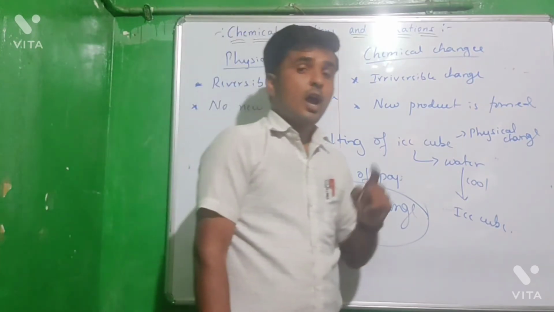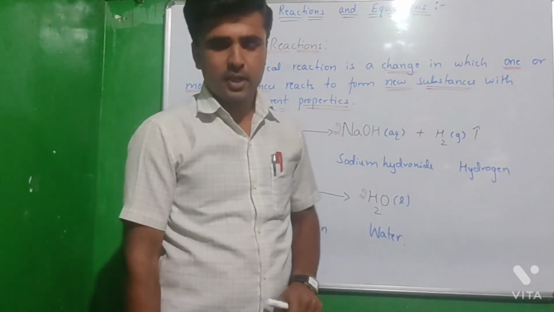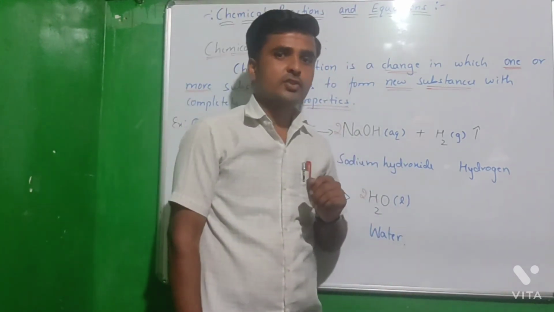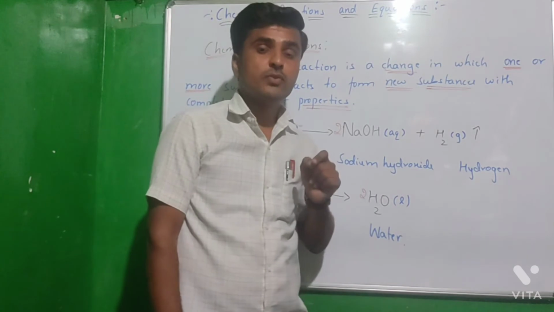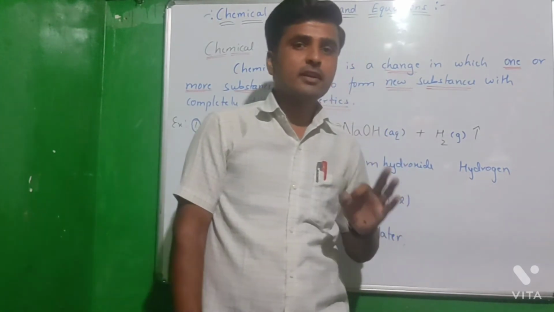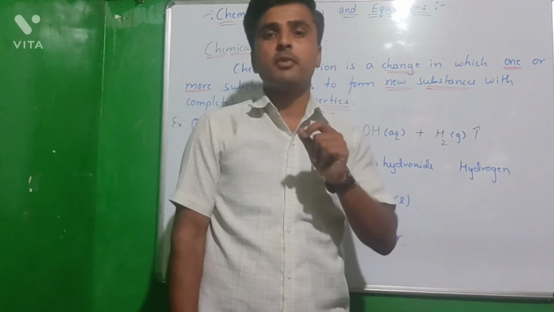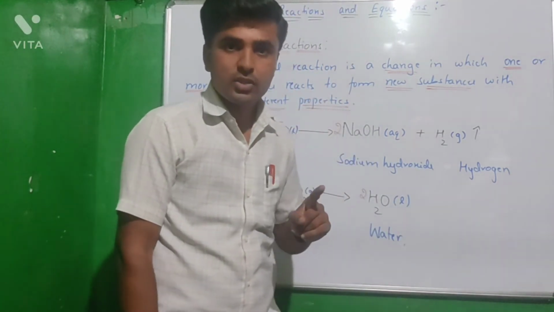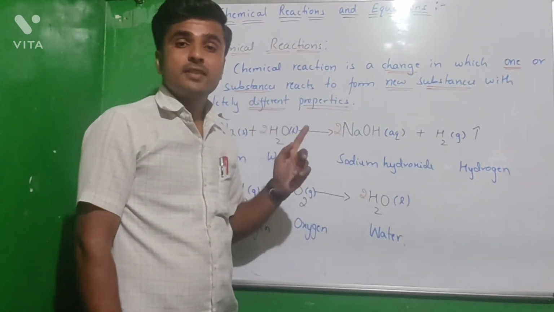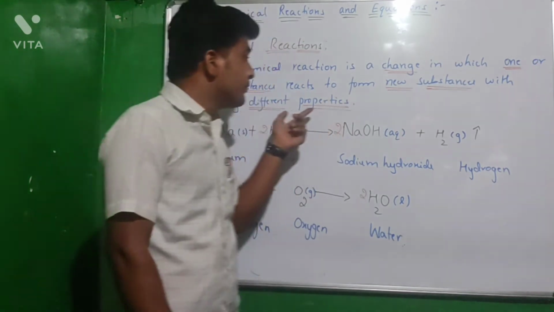Listen here. All chemical changes are accompanied by chemical reactions. Then what is meant by a chemical reaction? A chemical reaction is a change in which one or more substances react to form a new substance with completely different properties.